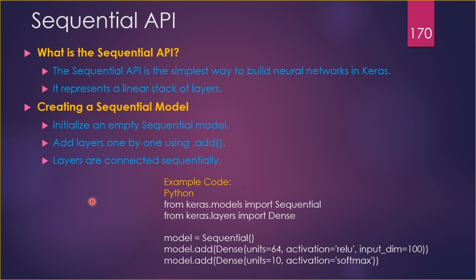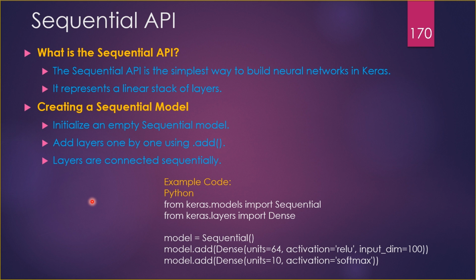It represents a linear stack of layers. For example, if you want to create a multi-layer perceptron having three layers, one input layer, one hidden layer and one output layer, this linear stack of layers can be easily represented by the API which we call the sequential API.